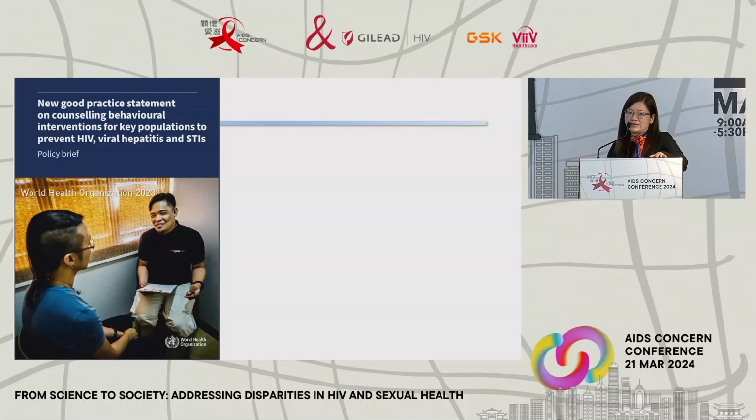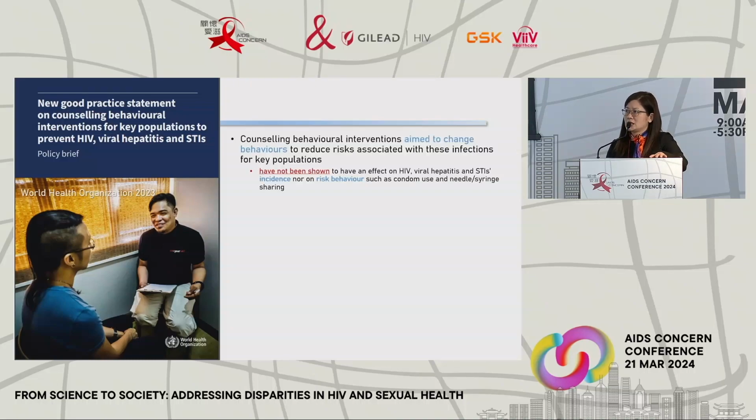WHO summarized 9 RCTs to see the effectiveness of counseling behavioral interventions, which have the primary or sole aim to change behavior, whether counseling can actually change behavior, or even the incidence of STIs and HIV. But after the summary, it has not been shown to decrease the incidence and risk behavior.